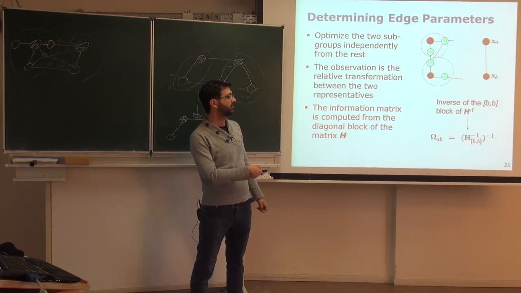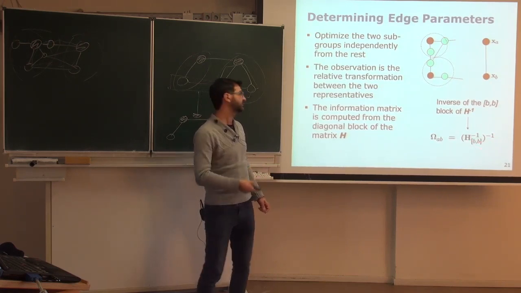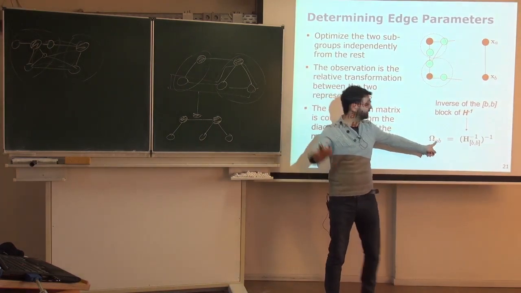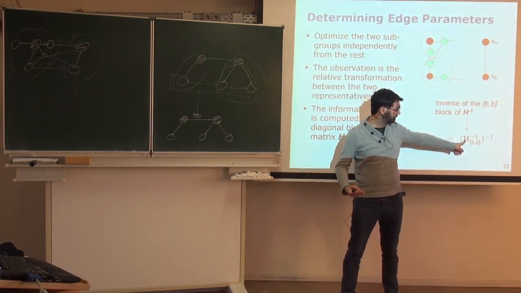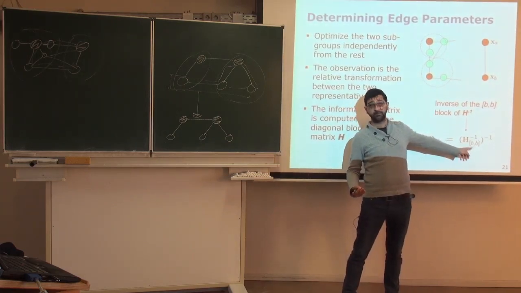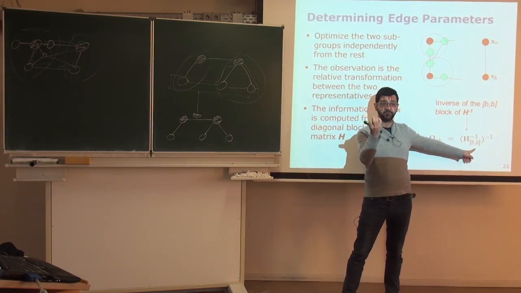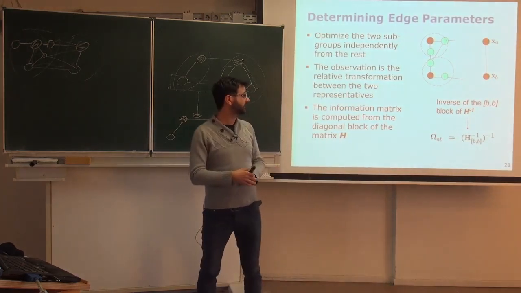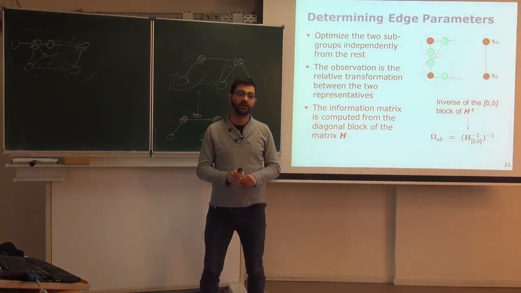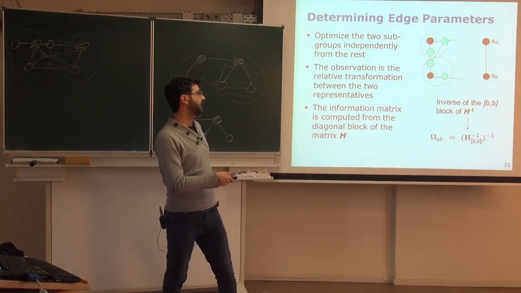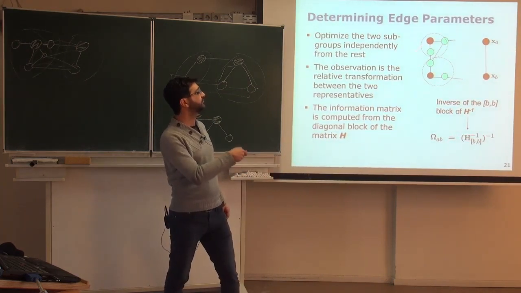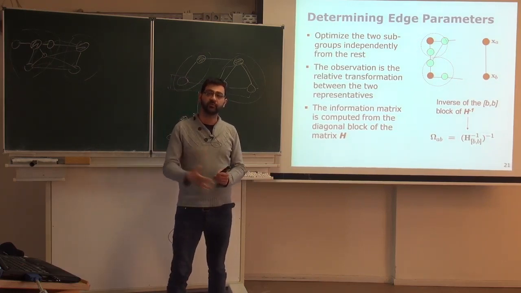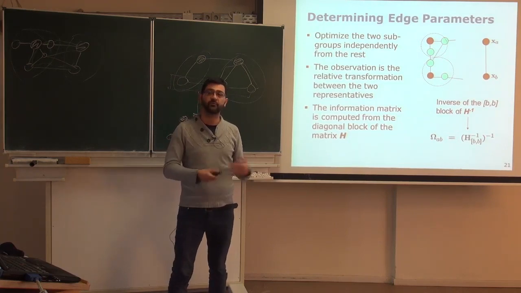We just take the block, in this case BB, in the sense that we fix A, then we take the marginal covariance, the block at BB, and then we reinvert it again because what we want is an information matrix and not a covariance matrix. And we can easily invert these matrices because the size of those graphs is not that big, so they're not computationally expensive to compute, okay?